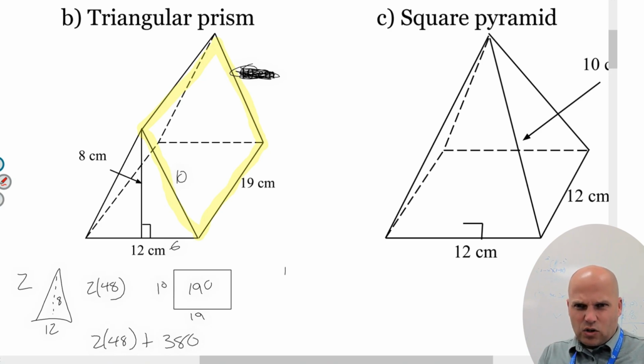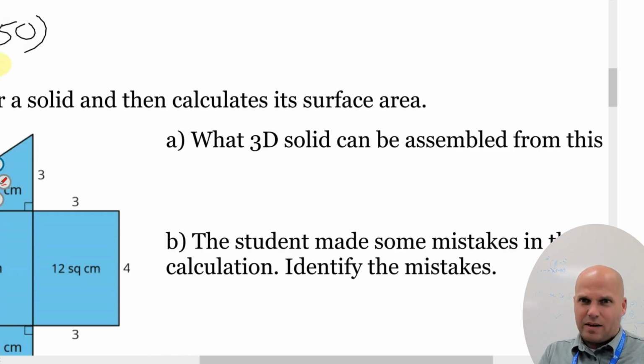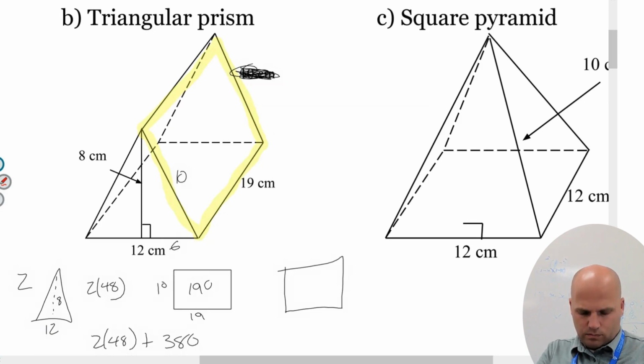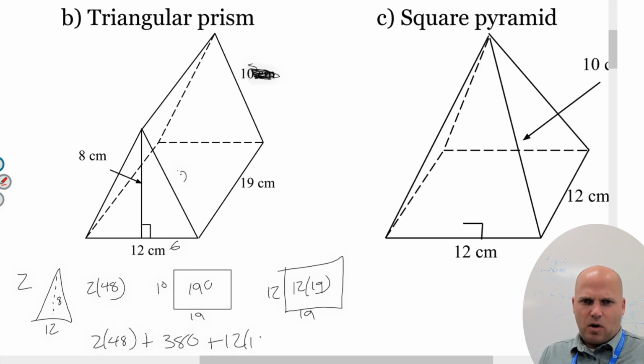And then I got a 12 by 19 on the bottom. Whatever that is, you have a calculator and you add them all up. And I don't have a calculator, so I don't care. There's your answer.